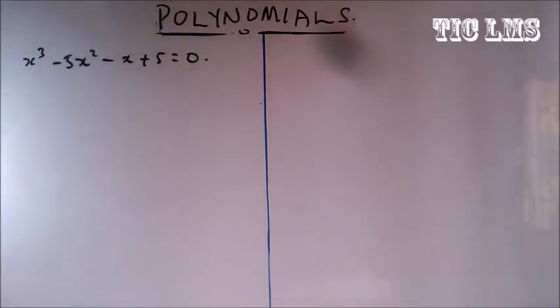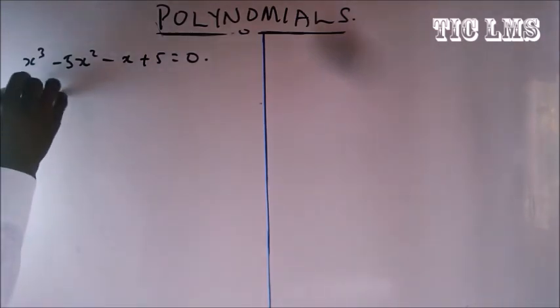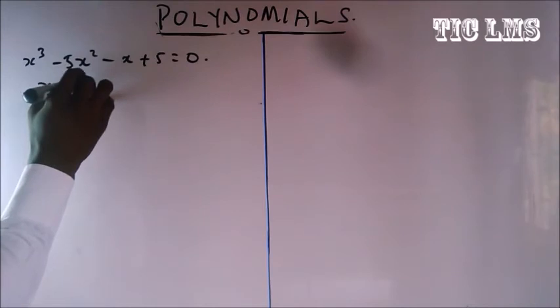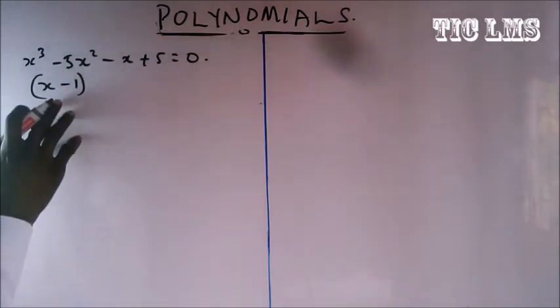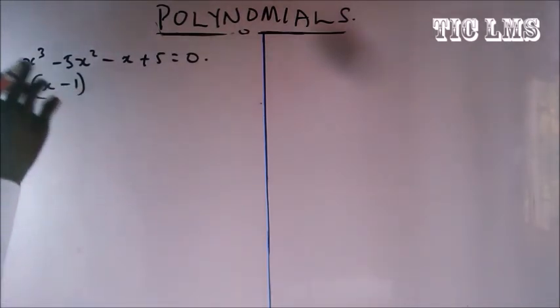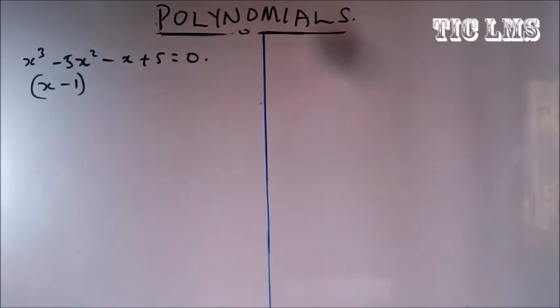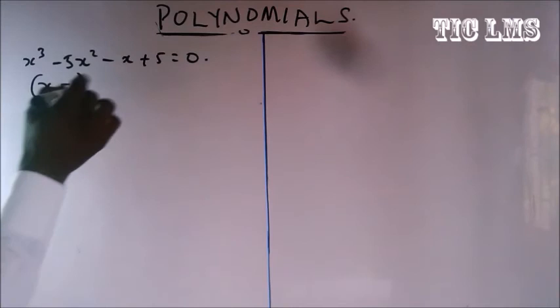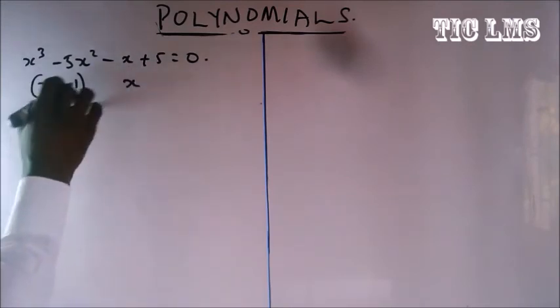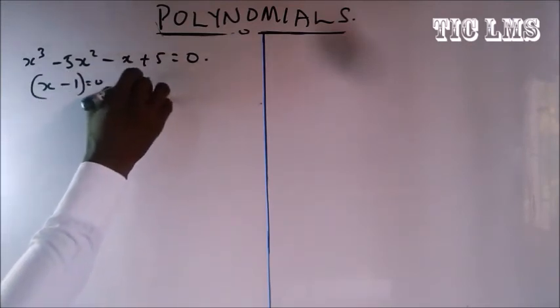Now what we could do first is to suggest a factor. Let us suggest that x minus 1 is a factor, that is, when we use x minus 1 to divide this expression, it will give 0 as a remainder. That's what we mean.